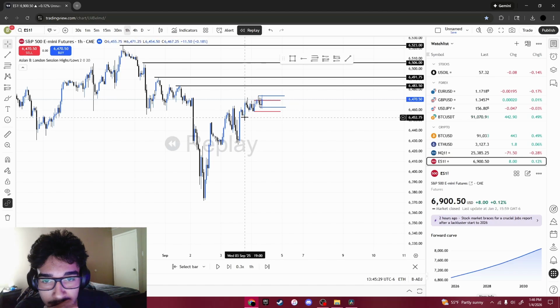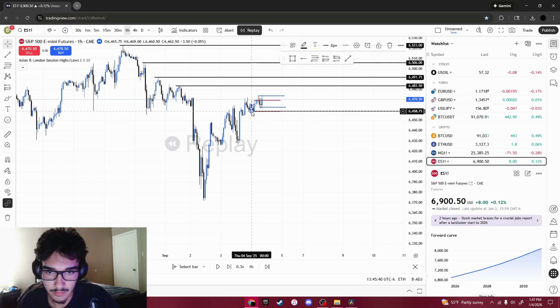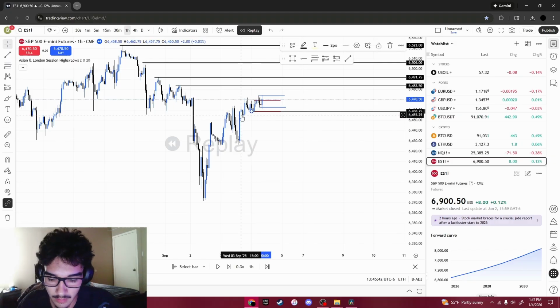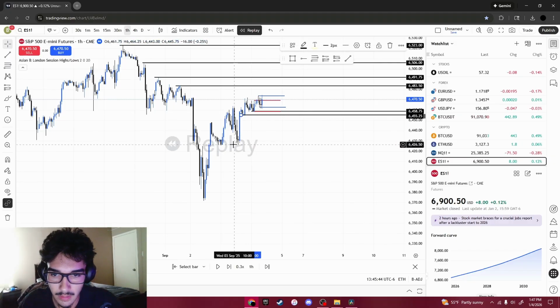And yes, we got these draws. I want market to take out these lows whenever it opens, and then it's not going to be bearish.